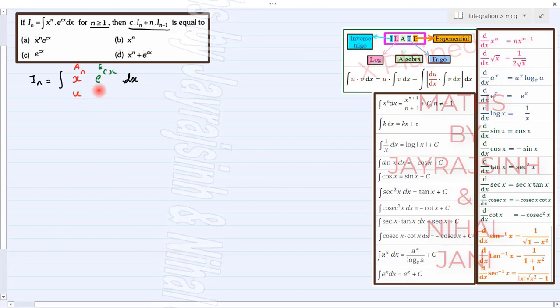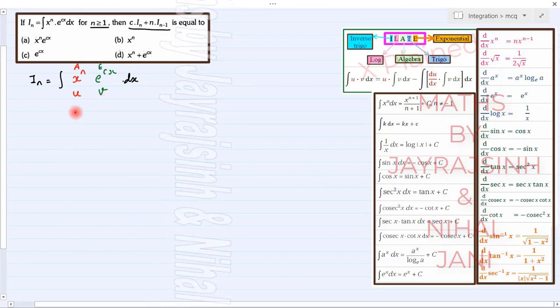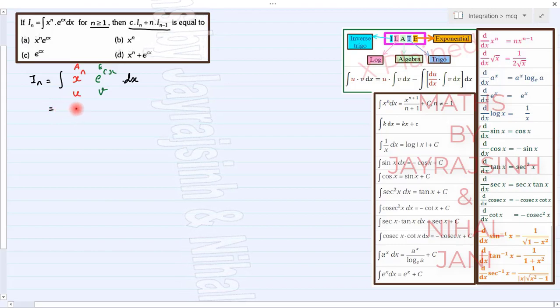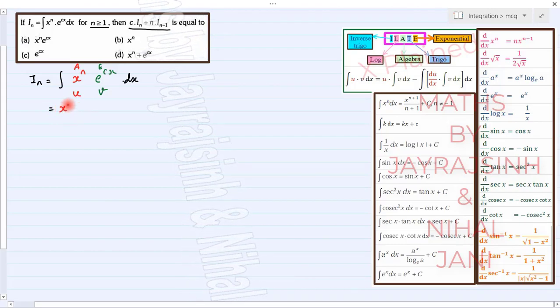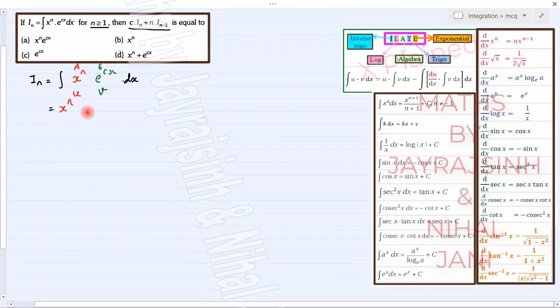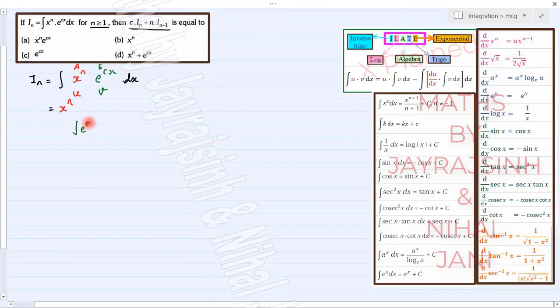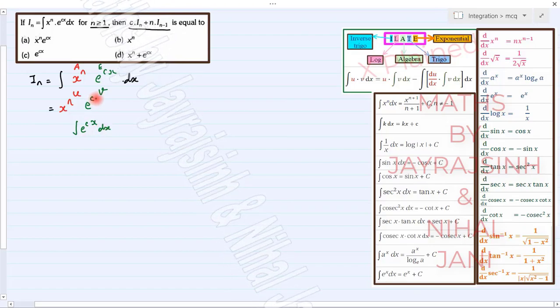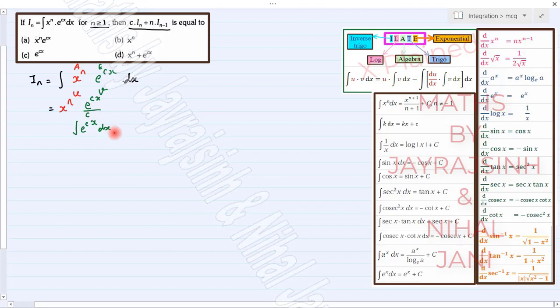So x raised to n will be u and e raised to cx will be your v. So let's apply integration by parts. In the first term, your u will be as it is. You have to integrate your v, e raised to cx dx. So its integration will be e raised to cx upon c.